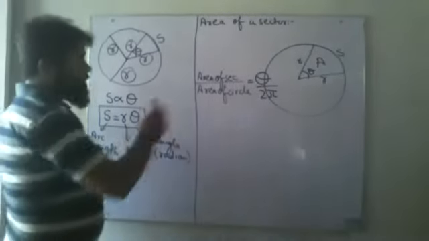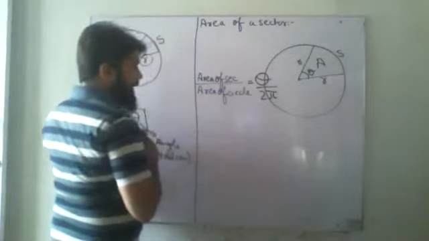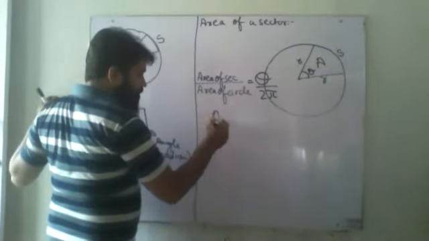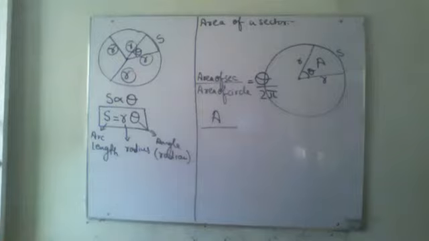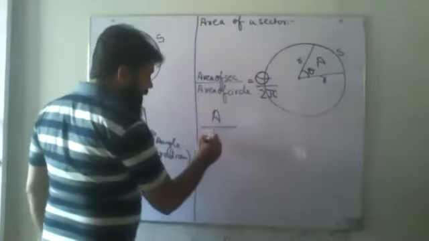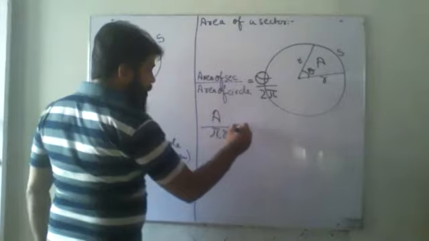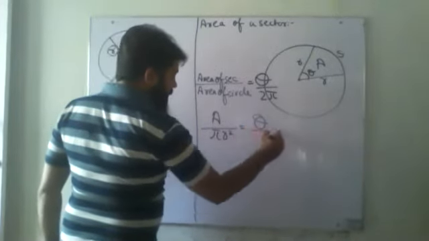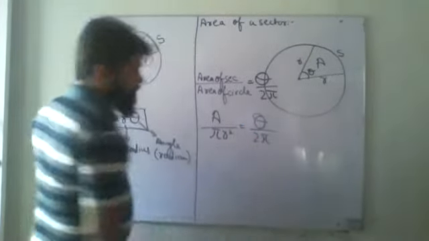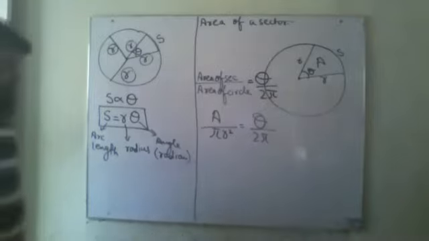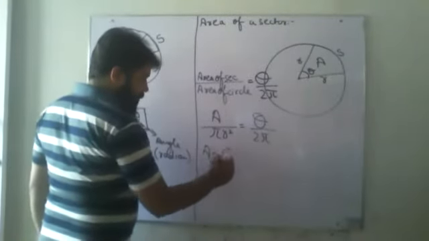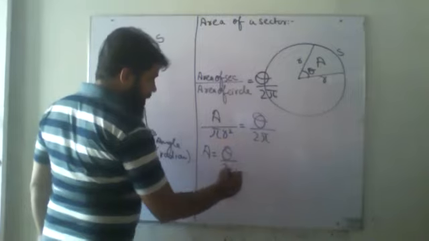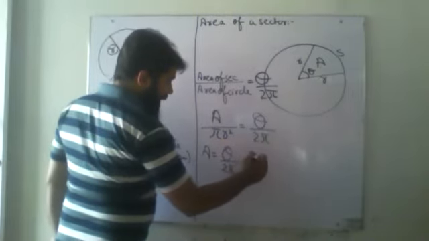Now, the area of the sector I have represented with A, so I am writing A. Area of circle, we know the simple formula, pi r square, times theta over 2 pi. So A equals theta over 2 pi multiplied by pi r square.